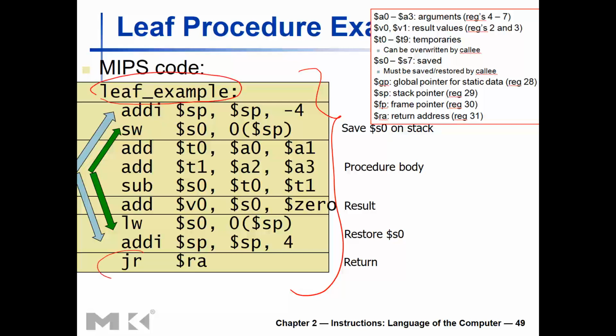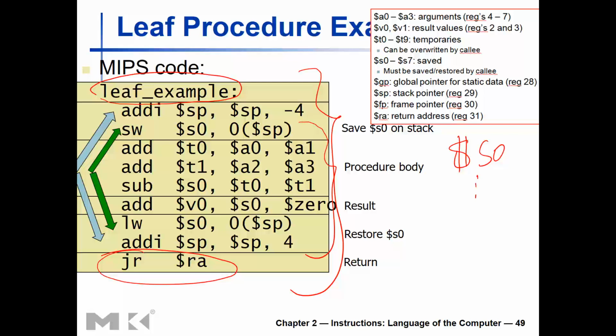Notice the last instruction, jump register on RA. Inside the subroutine, I can change whatever T register I want, but I cannot modify the S registers, S0 all the way through all of them. But what if I need to?